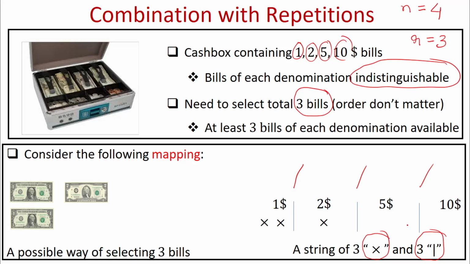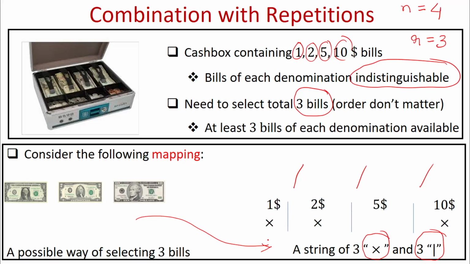Corresponding to that I can associate this string where I put two crosses under $1 because I have chosen two bills of type $1, and I put one cross under the $2 denomination because I have chosen one bill of $2. Under $5 and $10 I do not put any cross. So corresponding to this way of selecting three bills, I can associate this string of three crosses and three vertical lines.